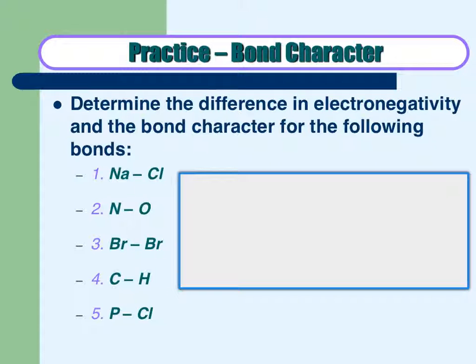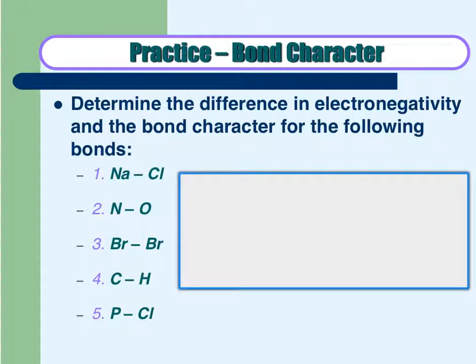So the first one we're going to look at is sodium and chlorine. We already know this one's an ionic bond because we have a metal and a non-metal, but we can prove it by using those bond characters. So if I look at that periodic table that you should have in your packet, sodium's electronegativity value is 0.93.